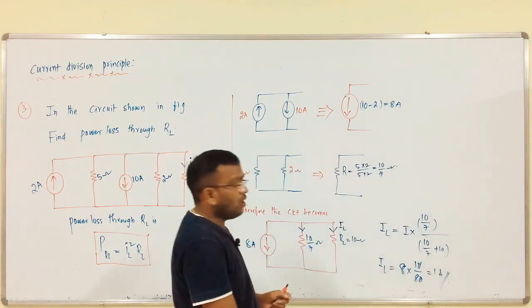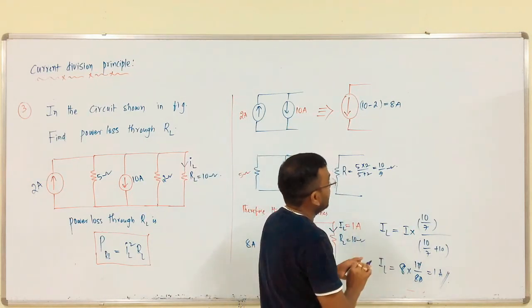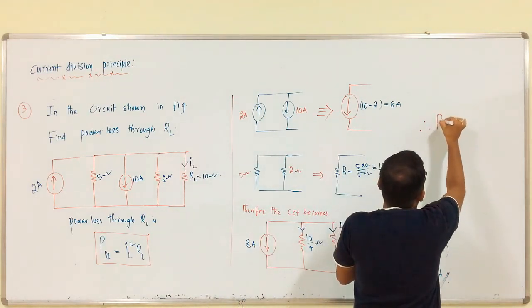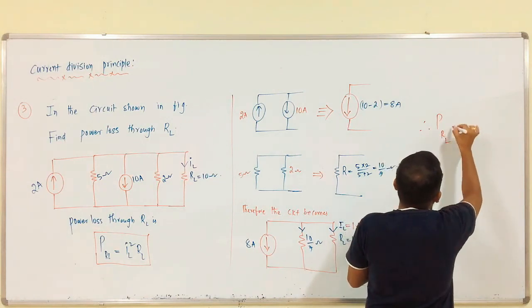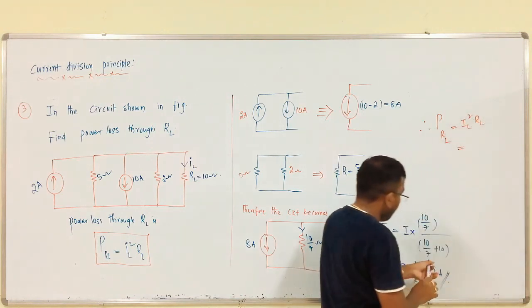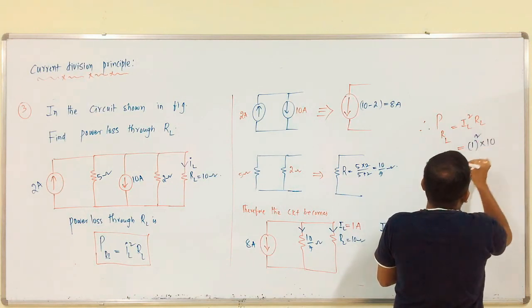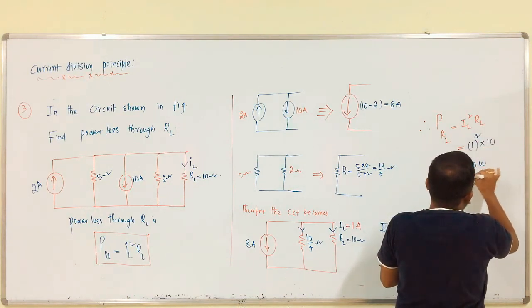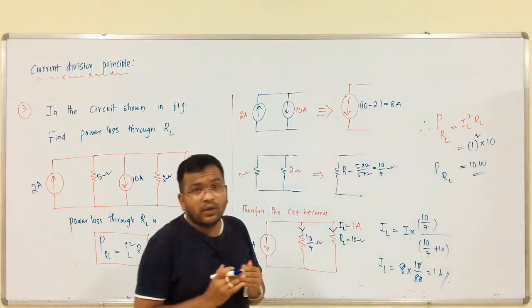So, IL equals 1 amp. Therefore, the power loss through RL equals IL square into RL, which is 1 into 10, equal to 10 watts of power loss through RL. So, like this, we have to calculate.